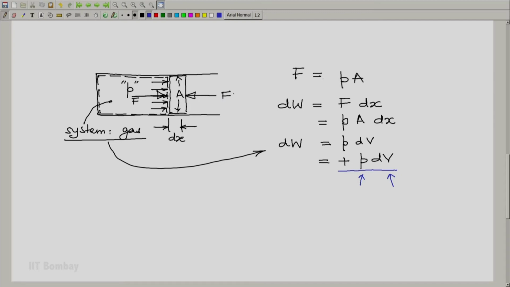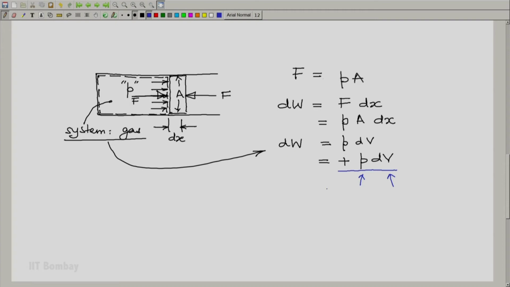If the external force relaxes a bit, the piston will expand and the system will do work on the surroundings. In the P dV product, dV will be a positive number, volume will increase, dW will be positive, the system will do work on the surroundings. Whereas if the external force slightly increases, then the piston will move in compressing the gas, dx will be negative, volume will reduce, dV will be negative and dW will be a numerically negative quantity.